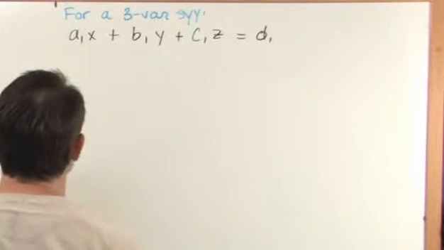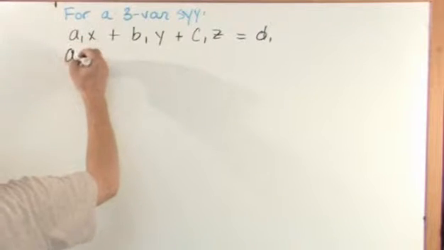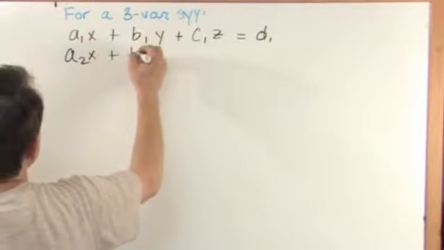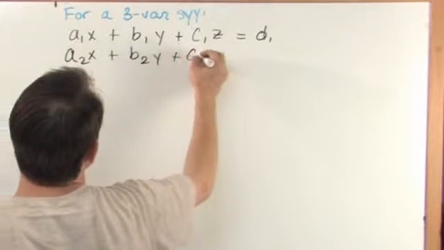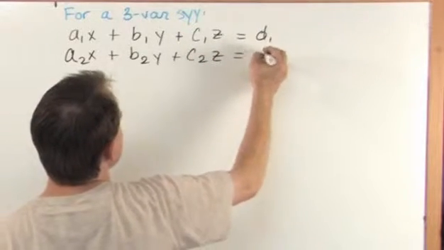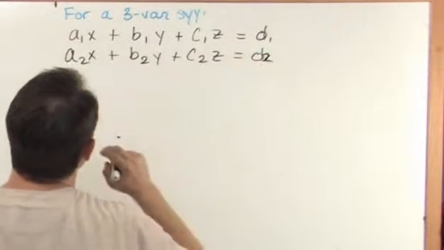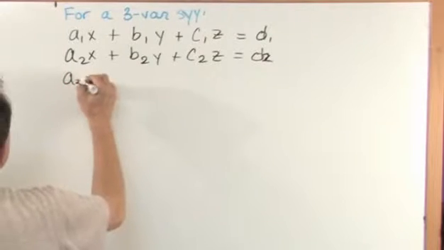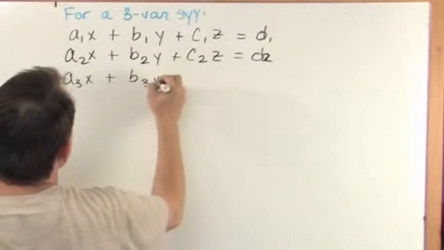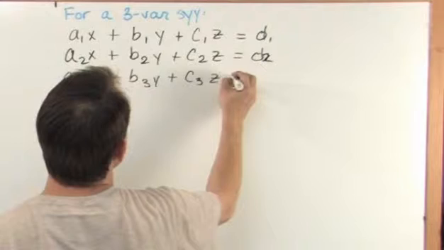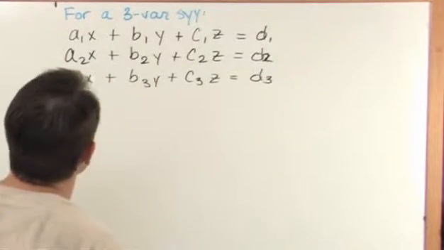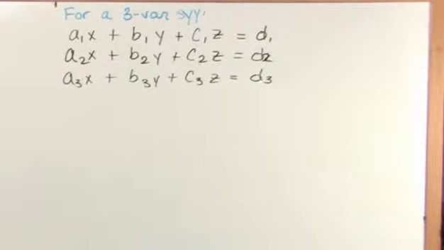Okay? These are just letters of the alphabet to represent numbers. A sub 2 times x plus b sub 2 times y plus c sub 2 z is equal to d sub 2. Okay? A sub 3 x plus b sub 3 y plus c sub 3 z is equal to d sub 3. So that's a system of equations in three variables.